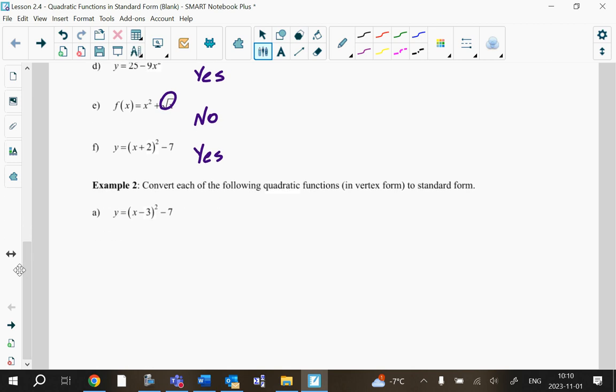I need to make this look like this. So I can't have any parentheses. What do you think you'd do to try and go from this form to this form?